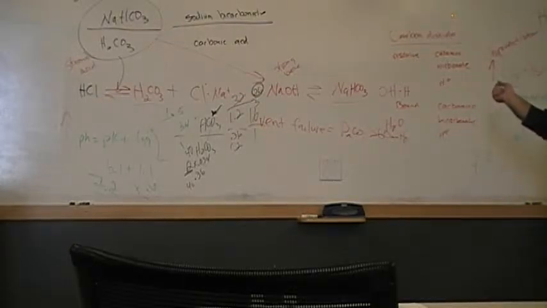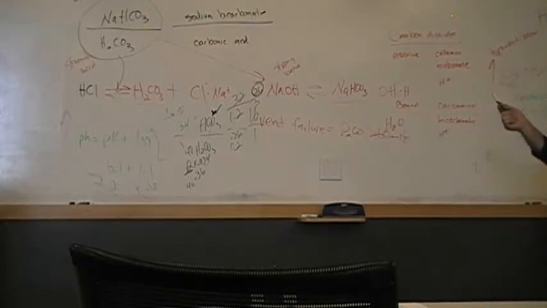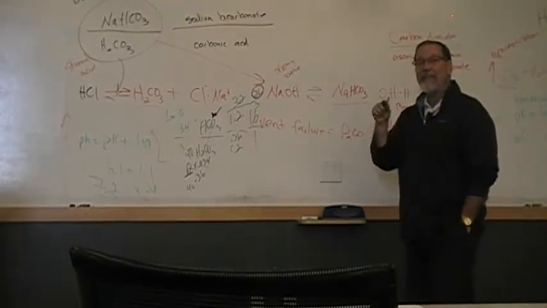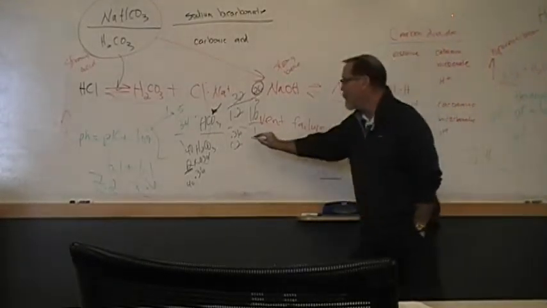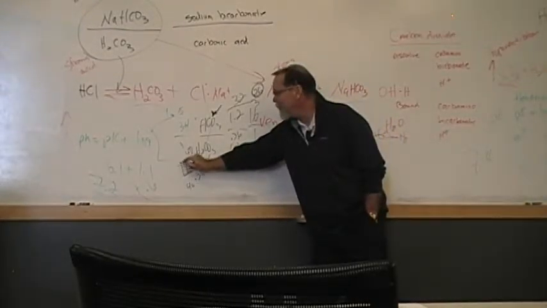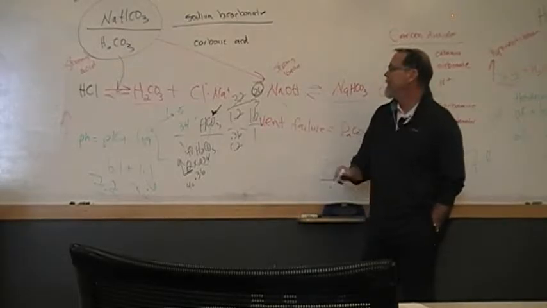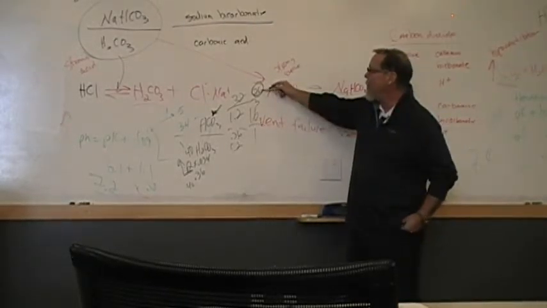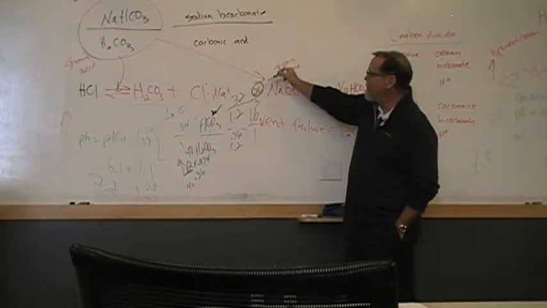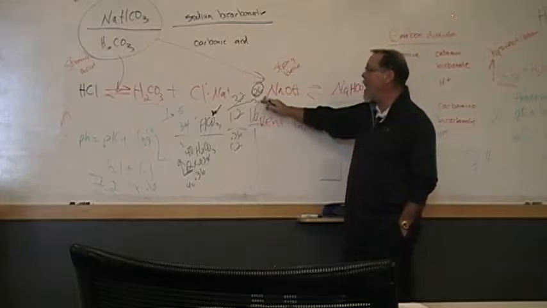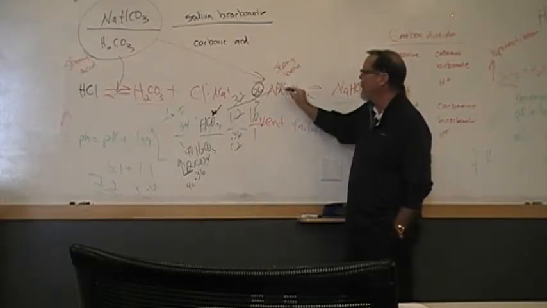Metabolic alkalosis. How do I compensate for that metabolic alkalosis? I have to hypoventilate to raise the CO2. So in order to normalize a metabolic alkalosis, I have to hypoventilate to raise CO2 enough that this comes back out to 20 to 1.